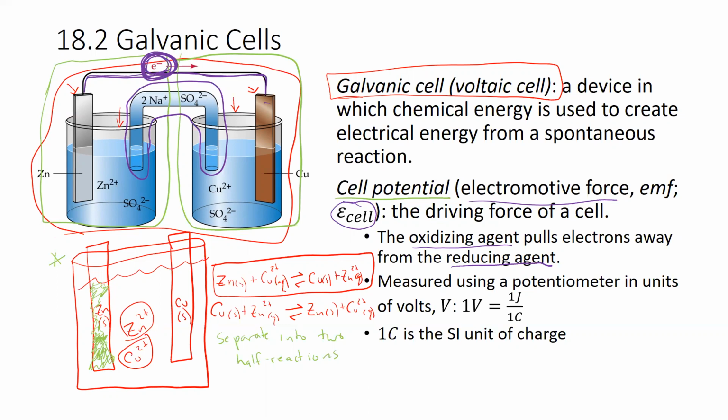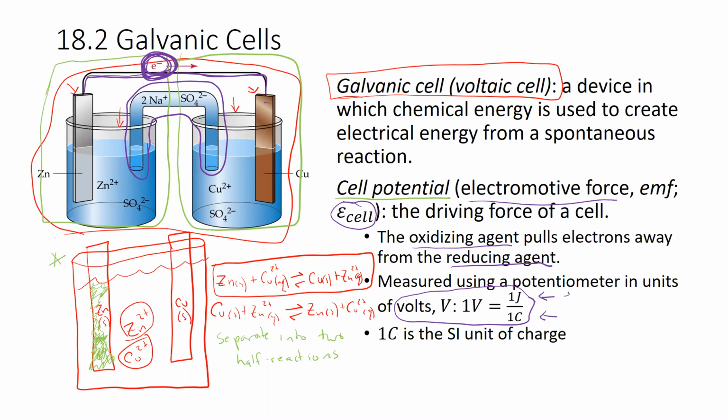Some other things we should know. We would measure the potential difference between these cells, the electrochemical potential. Again, we're talking potential energy here. We would measure that using what's called a potentiometer, and the volt is the unit of measurement. We're going to come back to this a little later, but 1 volt is 1 joule per 1 coulomb.